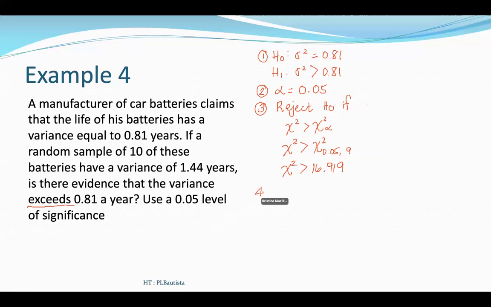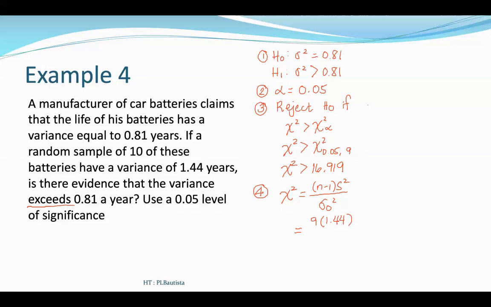For step 4, we now compute the test statistic chi-squared. So the chi-square test statistic is given by n minus 1 s squared all over sigma sub O squared. So n minus 1 would be equal to 9. S squared will be equal to 1.44, the sample variance. So again, be careful.